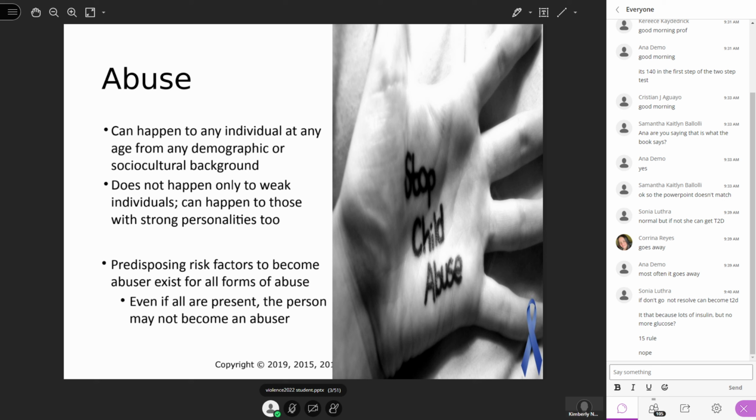It can happen to those who are very strong-willed. Okay. The one thing that they do see is that it tends to be cyclical as well. If somebody has been abused previously when they were younger, they may have a stronger predisposition to repeat the patterns of behavior which they have learned.